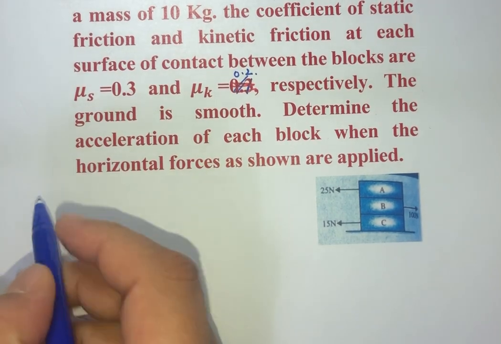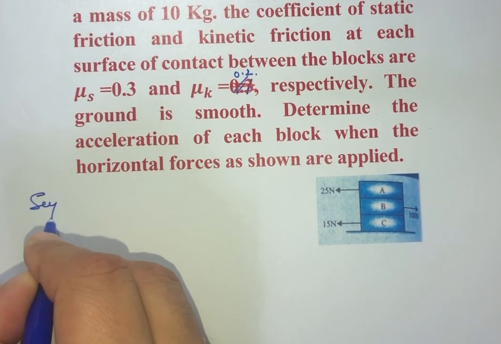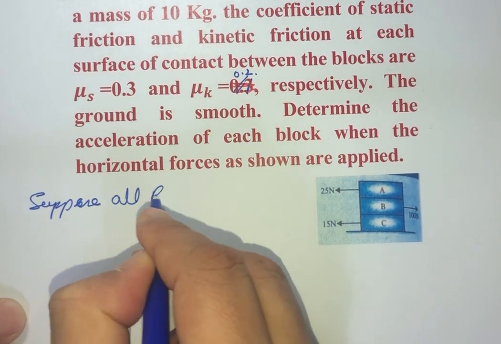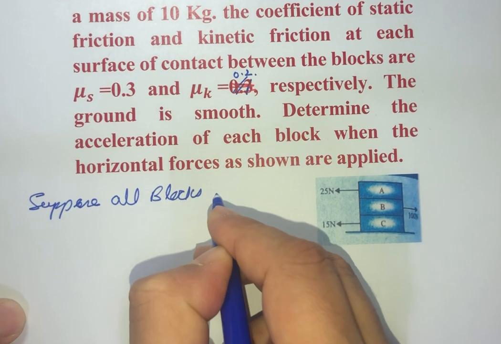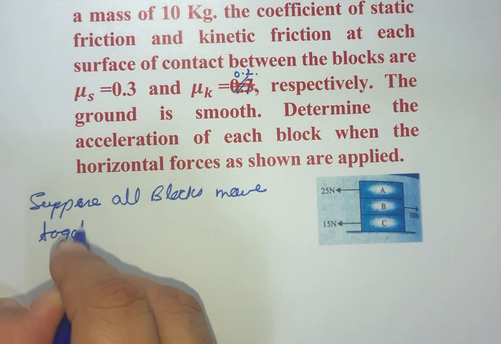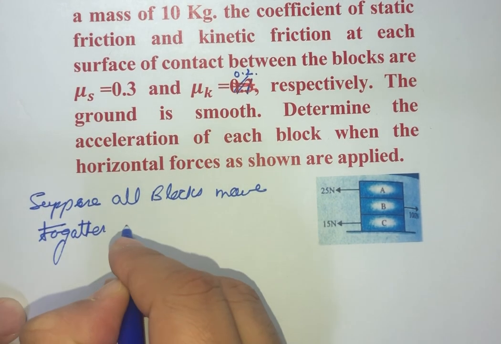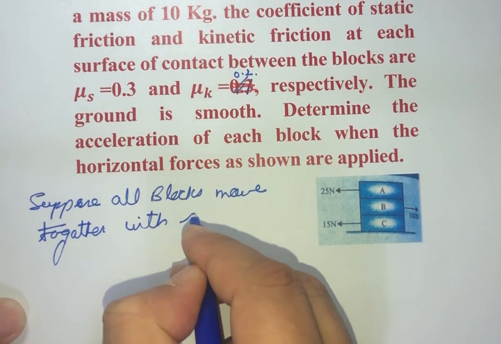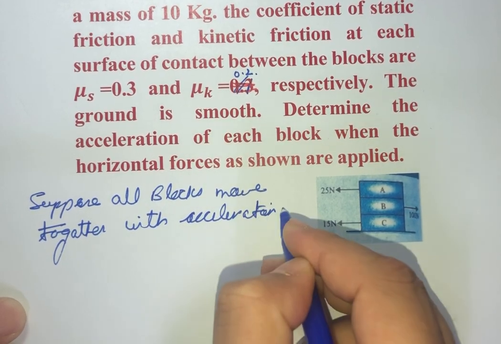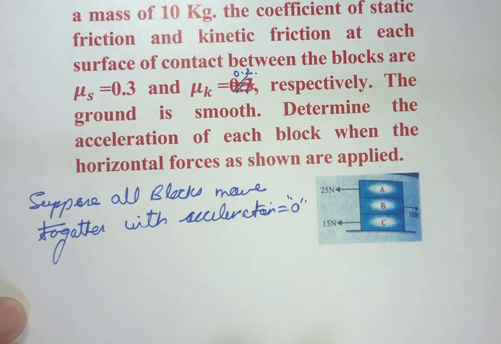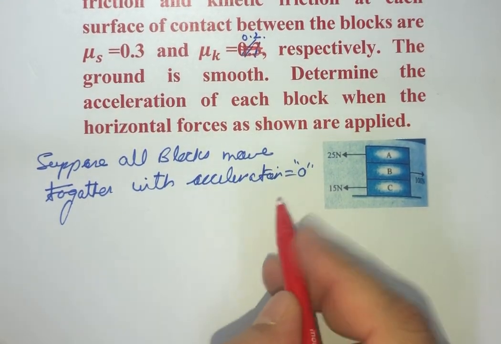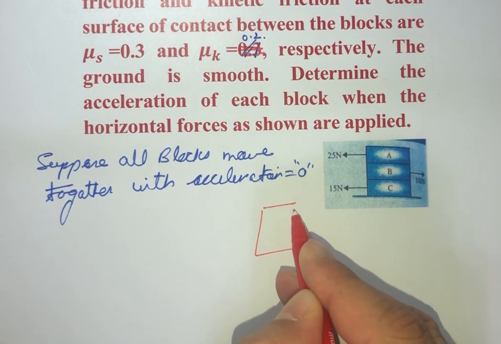Suppose all blocks move together with acceleration A. So we can draw that they are moving together.